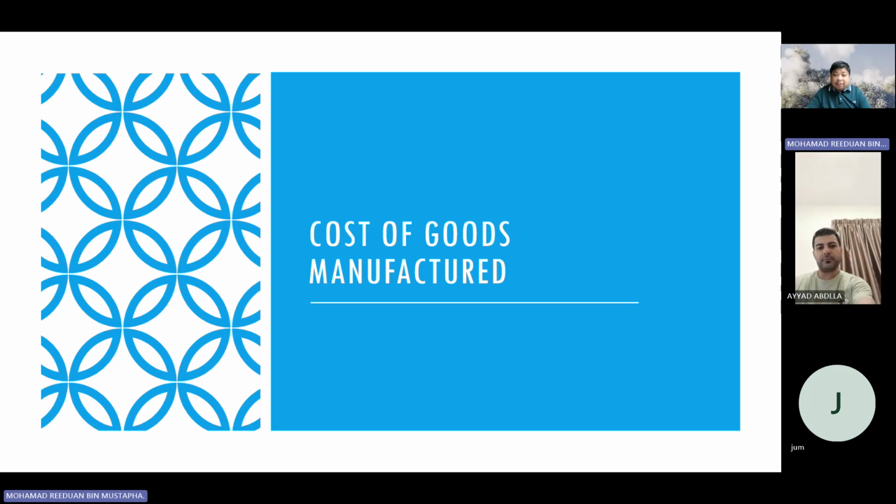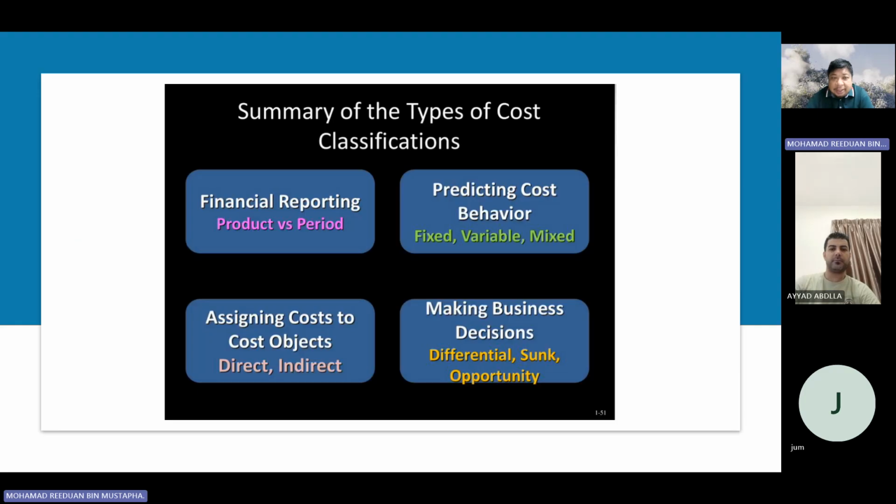Okay, just now, this is chapter 3. We have to complete this one. Just to recap what we already learned from previous chapters, in summary, these are the types of cost classifications. In terms of financial reporting, product versus period.